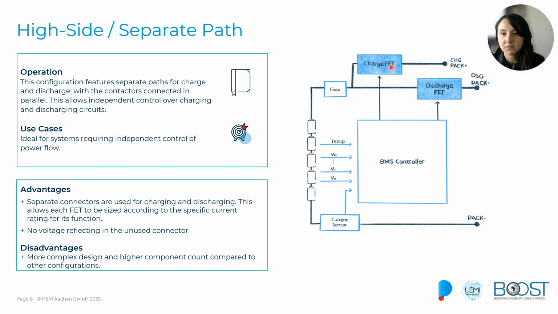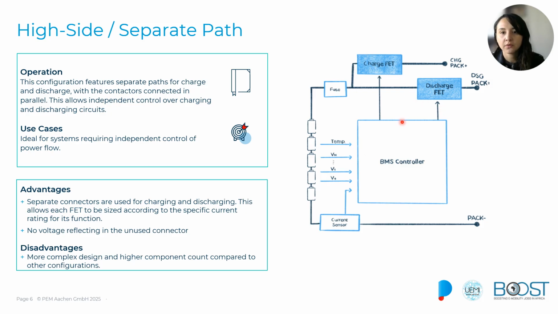And this is important because, for instance, charging currents are usually much lower than discharging currents, and this results in reduced losses and a more efficient system. On top of that, there are some other advantages. We mentioned already that this configuration optimizes the FET sizing and has less energy losses because we are optimizing the current in each of the paths.